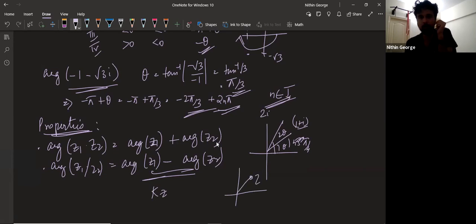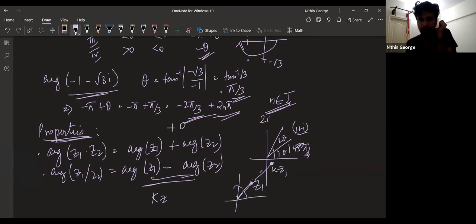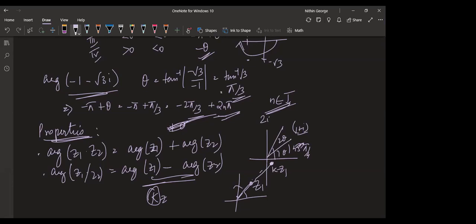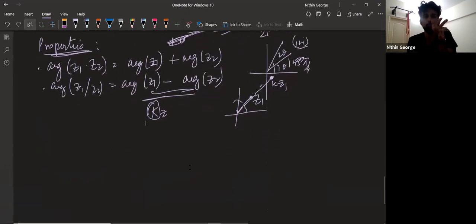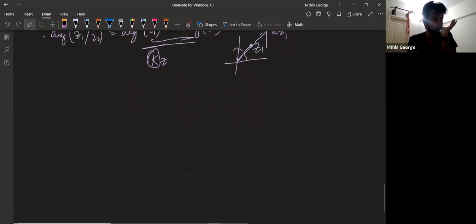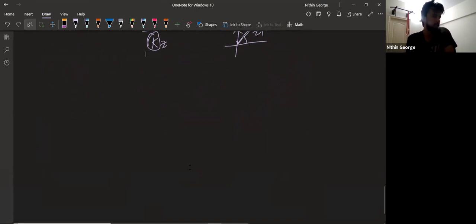The length of z1 changes into k into z1. The argument does not change. It means you're adding 0 or subtracting 0 from the argument. That is the contribution Z2 does, which is key. Are you following now? Please understand this is very important, this is very useful. Those are the properties of argument for a complex number.